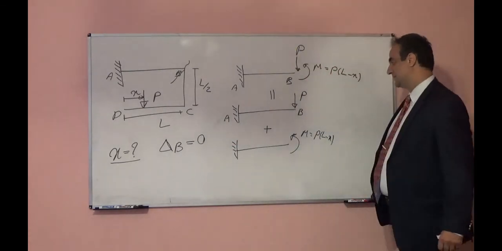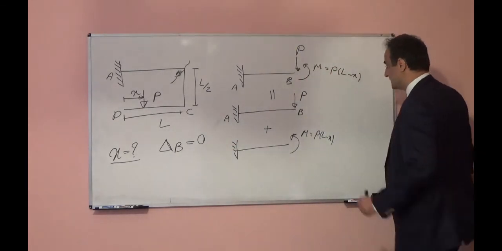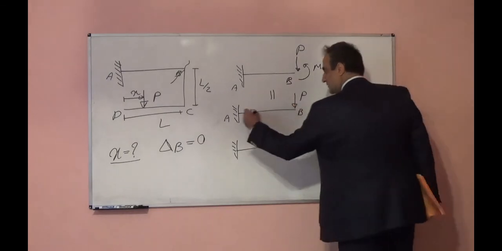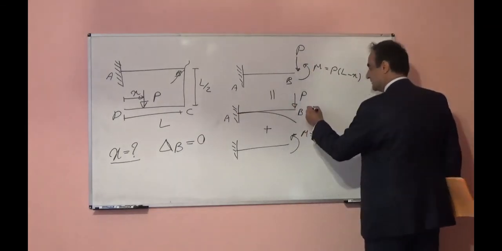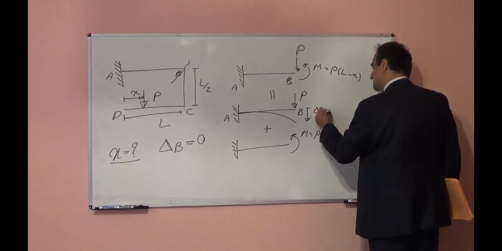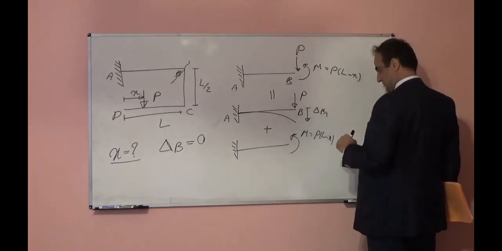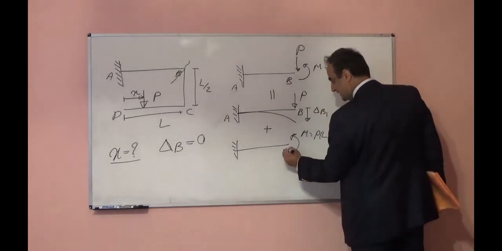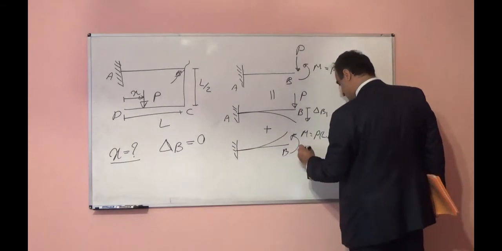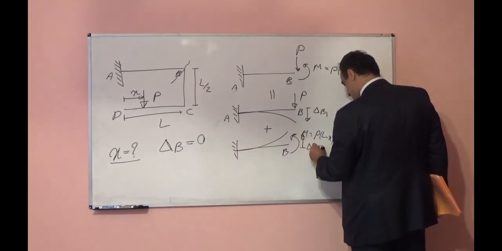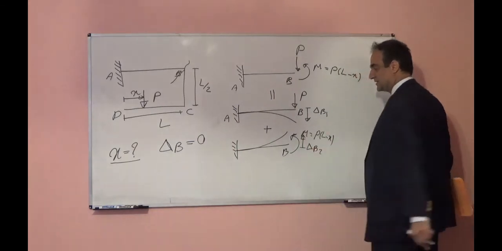We will have two deflections. One of them, point B, will move down, delta B1, because of this load. Another, point B will move up, delta B2, because of this moment.